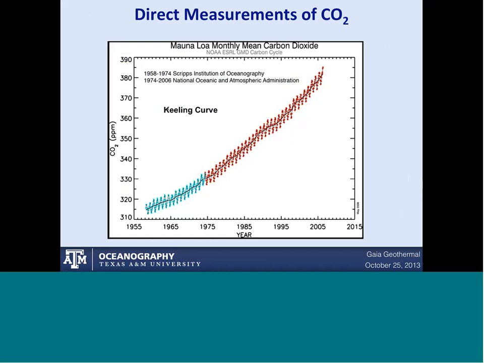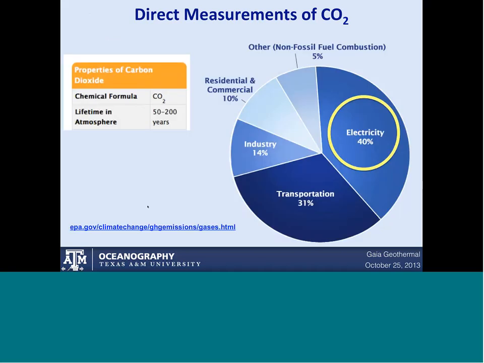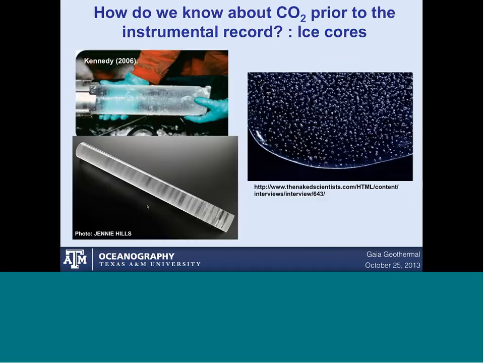Okay, so the question, of course, becomes how critical is it? How important is it? How can we measure how unusual it is to have this amount of CO2 in the atmosphere? How can we go back farther than the direct measurements to see if it's really unusual to have this much CO2 in our atmosphere?